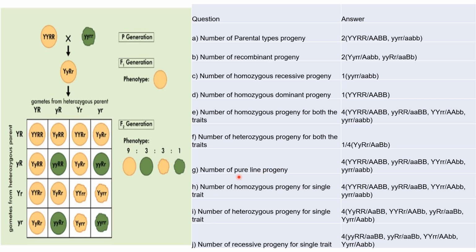Next, followed by number of pure line progeny. Here also, whichever traits are homozygous, only that we consider. So diagonally, what we actually have here, that we consider.